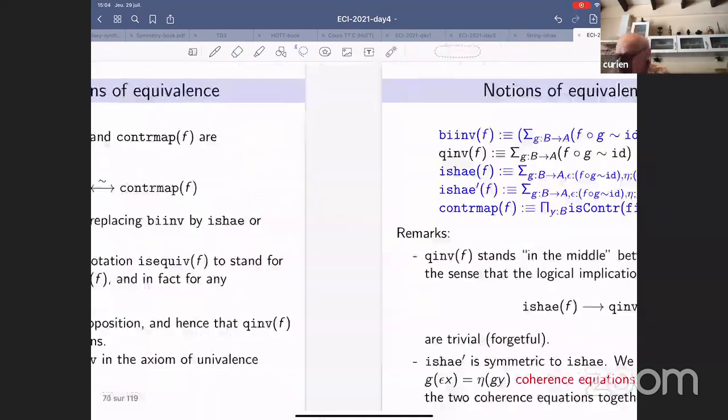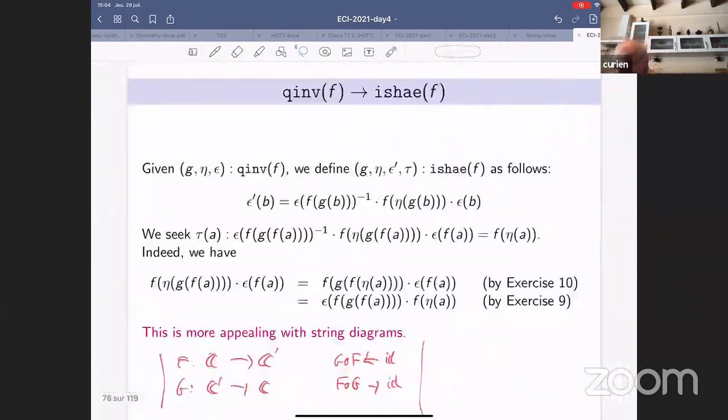In other words, it's a standard categorical fact that you can derive something like tau from less information. And this is exactly what we are facing here. We are facing the existence of F, of G, of these two guys, but we don't know any good coherence between them, but we are going to synthesize it. And how do you do it? It's actually not trivial to do in category theory.